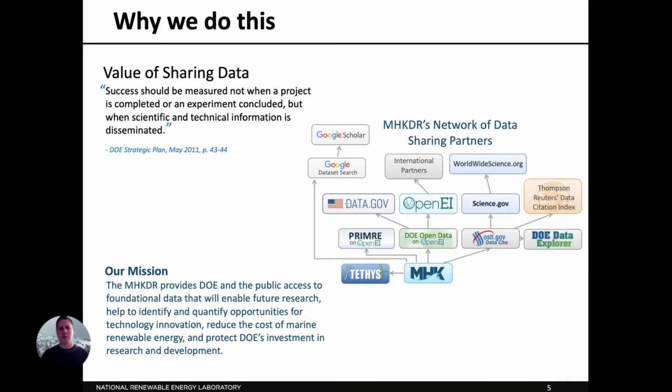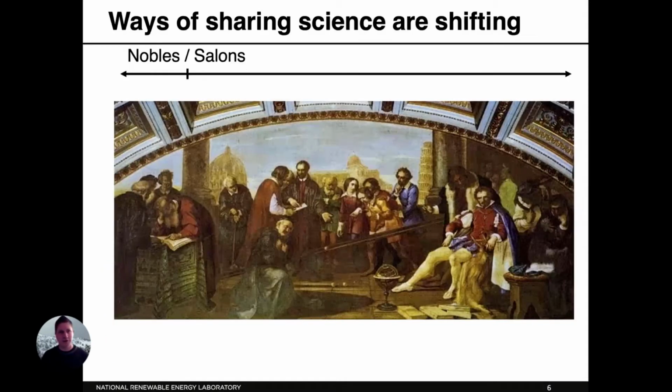And it's just important to remember that the MHKDR is not just a repository of DOE, MRE, and MHK information, but it's also a gateway to an entire community of scientific data repositories. And submitting a data set to the MHKDR is really a means of mass communicating with the greater MRE and MHK scientific communities.